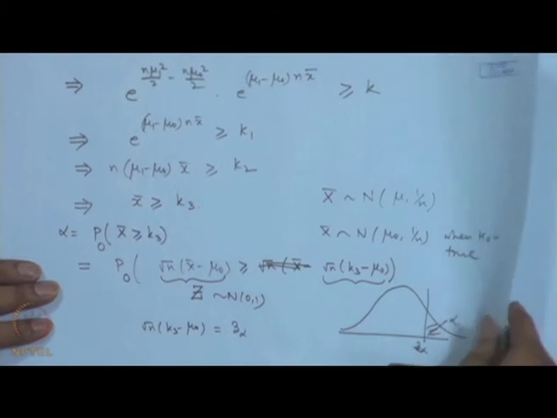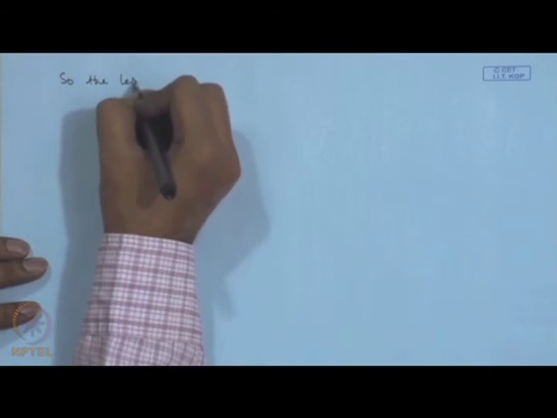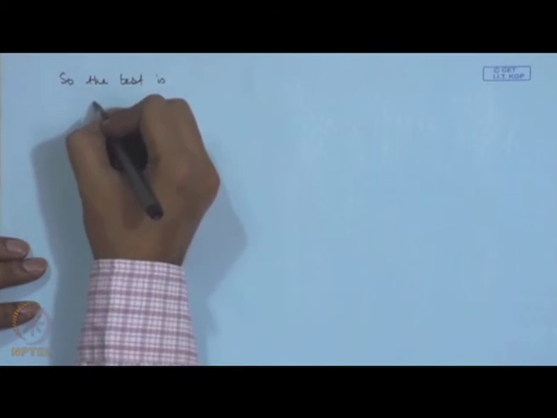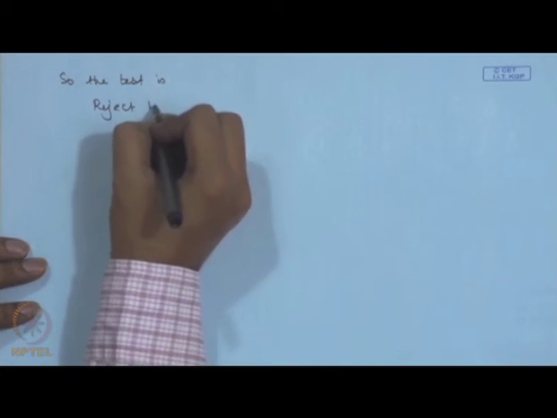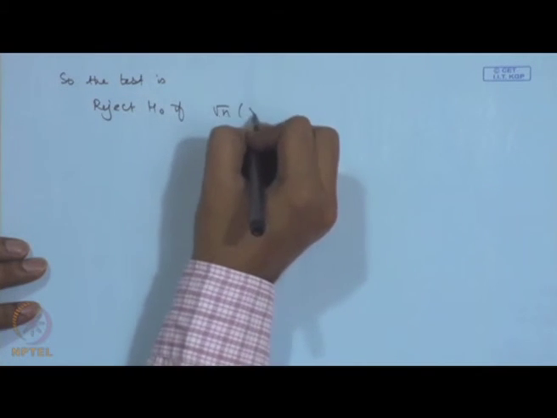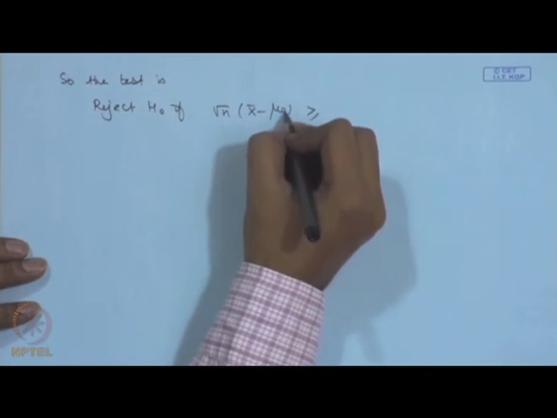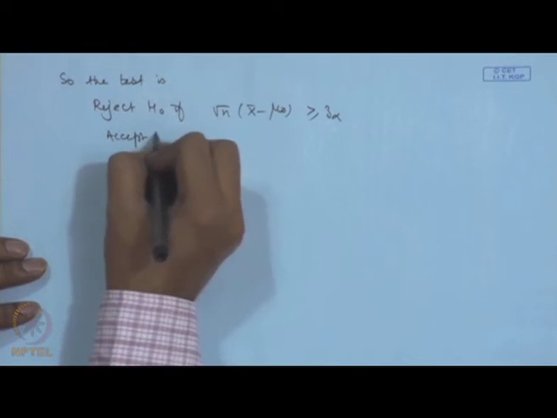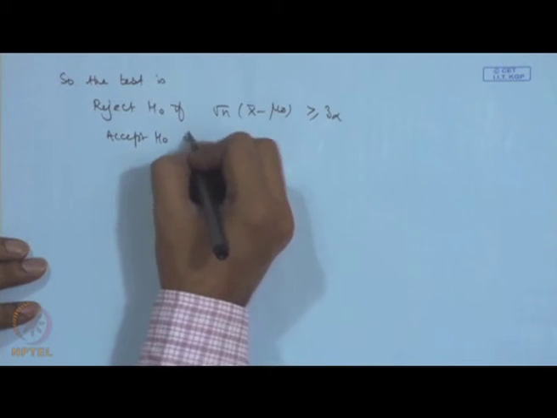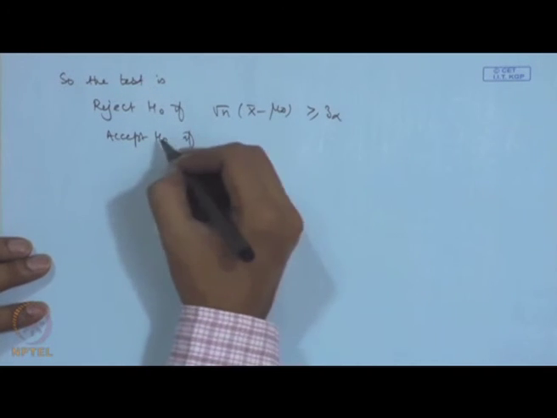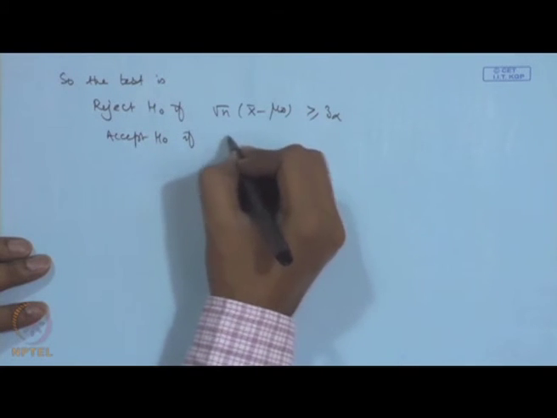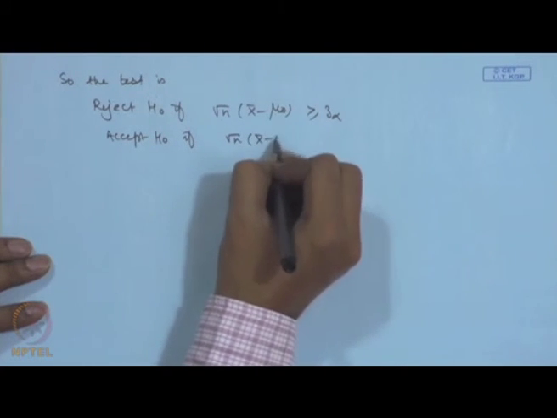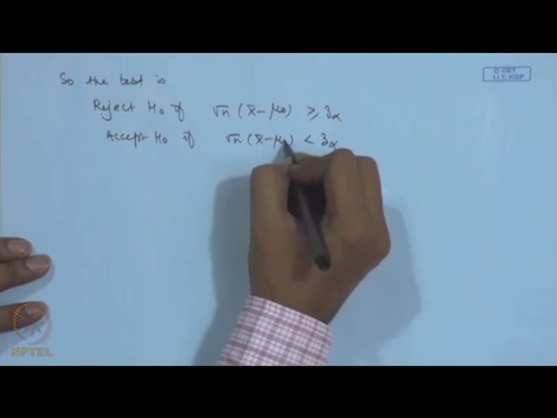So, the test is reducing to: reject H naught if root n (x bar minus mu naught) is greater than or equal to z alpha, and accept H naught, or you can say reject H 1, or do not reject H naught, if root n (x bar minus mu naught) is less than z alpha.